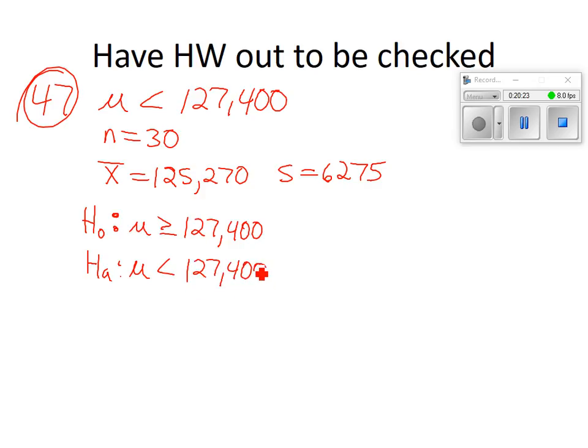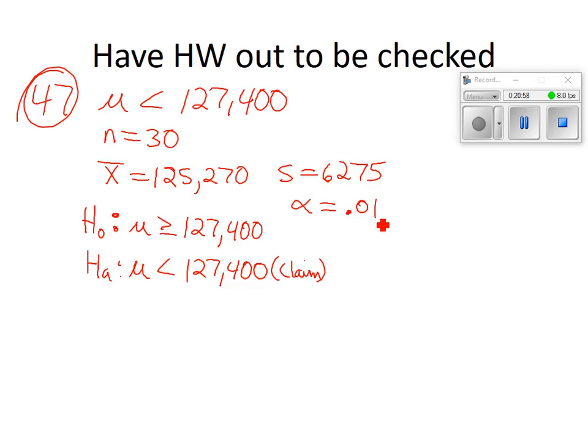Which one of those two is our claim? HA. And that's where we want it if we're trying to prove that it's correct. If we're trying to prove that our claim is correct, we want it in the alternative hypothesis instead of the null hypothesis. And our alpha this time is 0.01. So with 1% level of significance, explain why you cannot reject the H0.